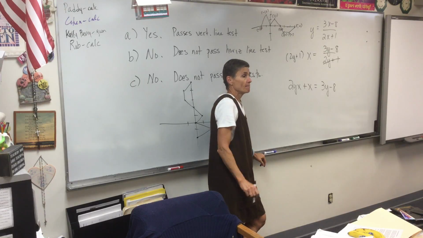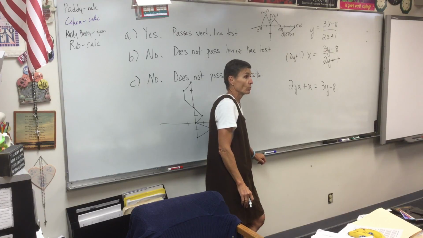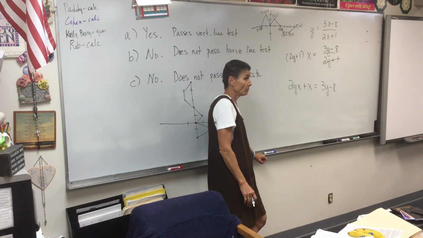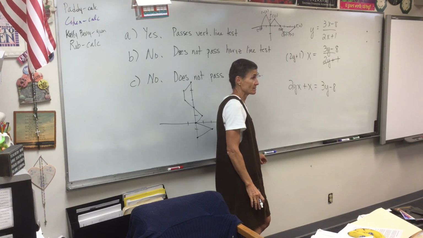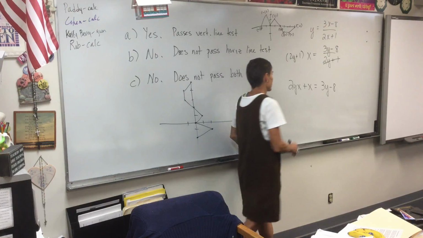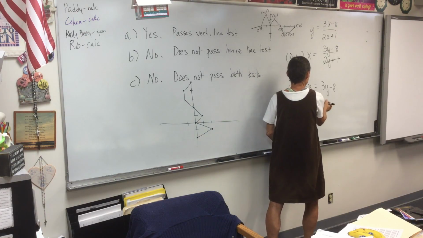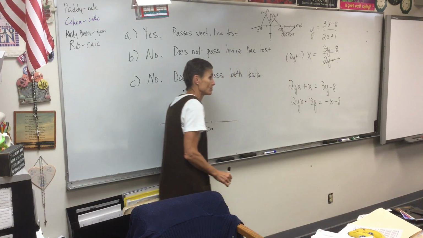Now comes the step that for some reason is the hardest for us to remember to do. What do we need to do now? Y's and X's. Exactly. So the y's got to be on the same side. They're the important thing. So anything with a y is going to be on one side, and anything without a y is going to the other side.